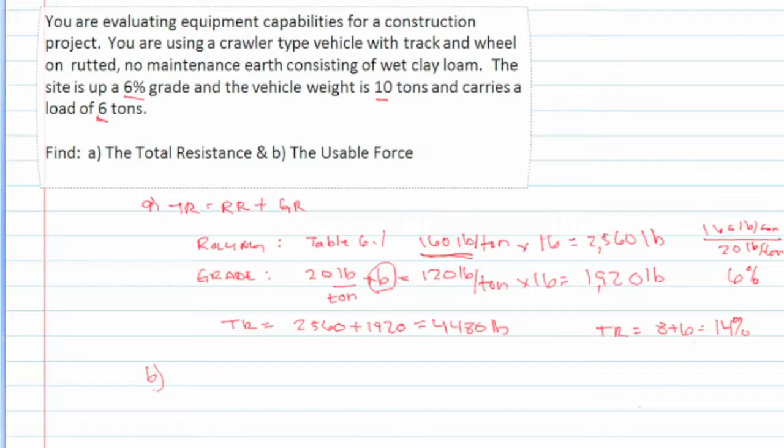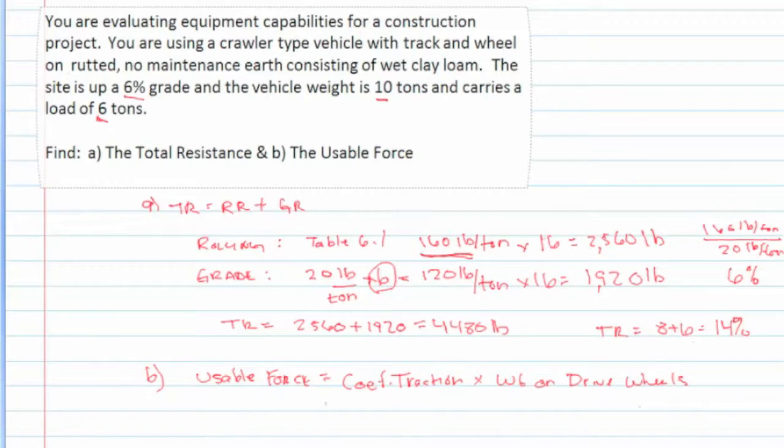Alright, so back to the problem at hand here. Part B is just the usable force. So here I just want you to use a slightly different table, or at least a slightly different value of a table that you've already seen. So usable force is equal to coefficient of traction times the weight on the drive wheels.